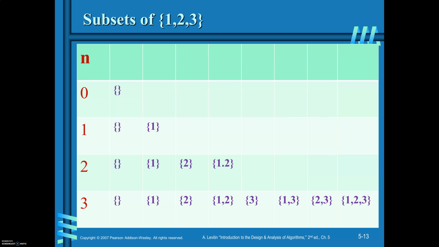So this is how you can generate all possible subsets of a given set if you already know all possible subsets of an n minus 1 set. Okay, so this is how you can generate all possible subsets by the decrease and conquer technique.